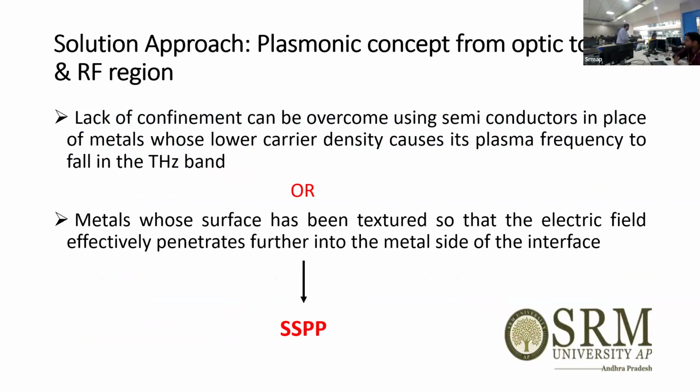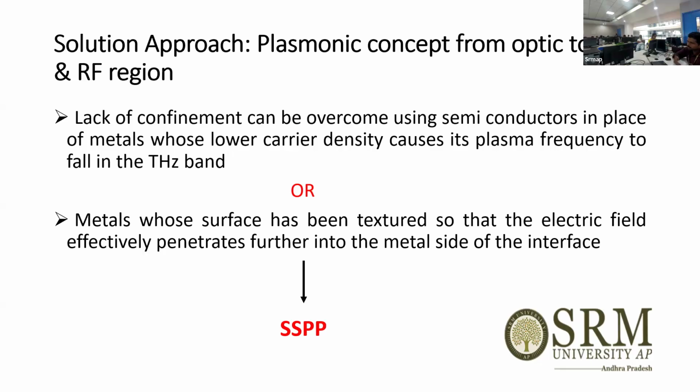So what is the alternative solution approach? The alternative is designing spoof surface plasmon polaritons. Spoof means we are just mimicking, just reproducing the characteristics of surface plasmon polaritons that take place at the optical frequency range, down to a lower frequency range, like some gigahertz or microwave range.